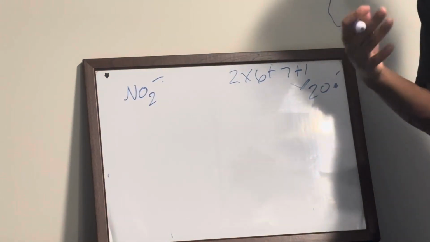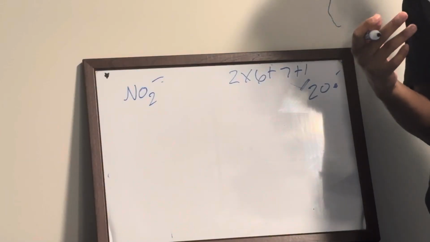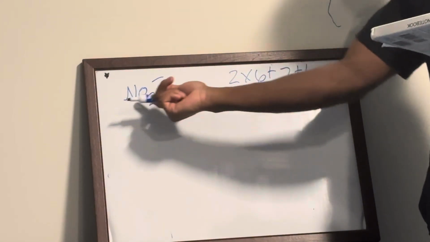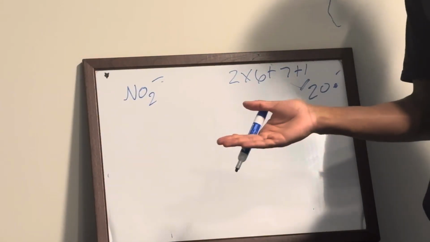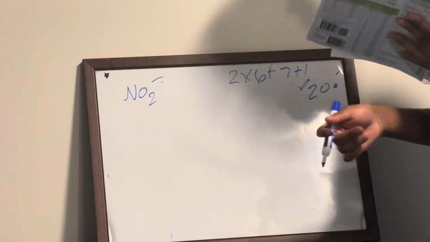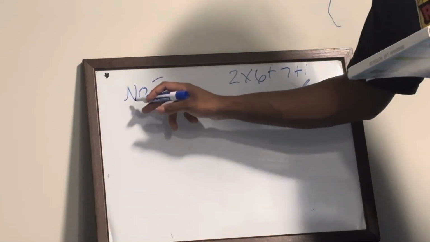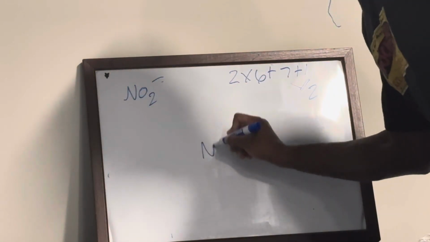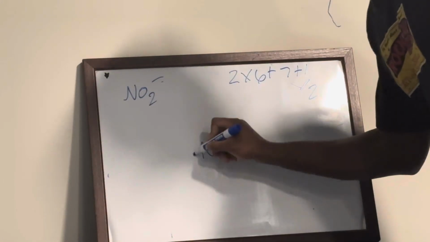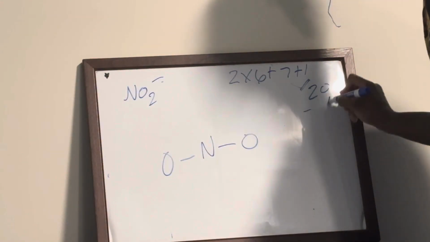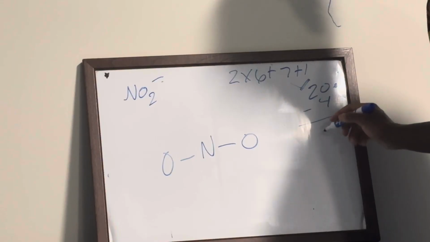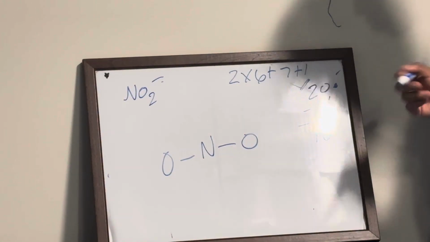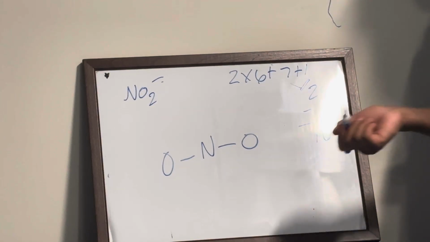Which one's the least electronegative? N. Also, there's one of it, 2 of the other ones. You know what I mean? Keep it simple. So, N is the least electronegative, so we're gonna do N is in the middle to O, and that was -4 electrons, which gives 16.